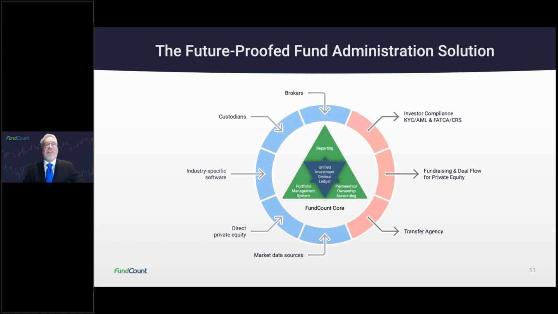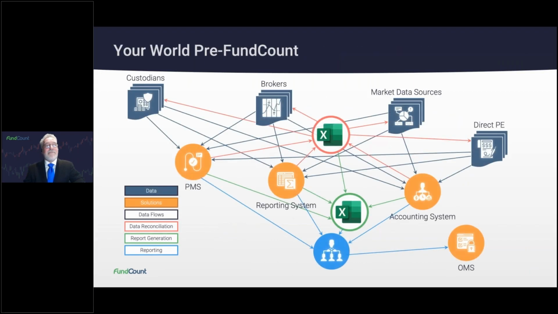So let's look at a typical example that highlights the challenge. This is a typical example of what we come across at FundCount. We have data from multiple external sources, which are represented by the blue boxes, coming into multiple disparate systems within a fund administration organization.